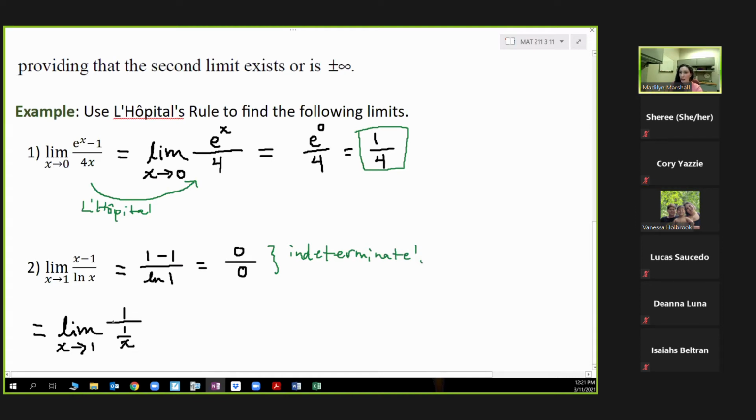And so here we should do a little bit of simplifying with this expression. 1 over x is the same as 1 times x over 1, which is just x. So that's just dividing fractions. And so if we plug in 1 to x, we do get 1.